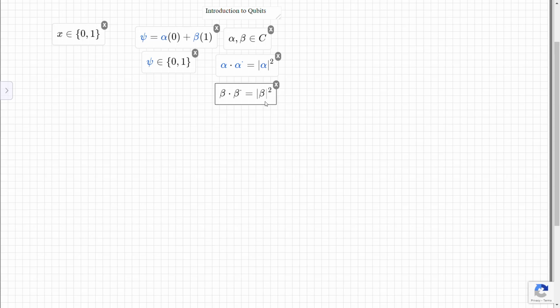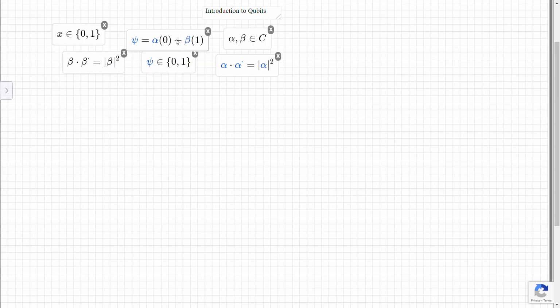You might be a little confused because these are complex numbers, but remember, when you multiply a complex number with its conjugate, the answer is always real. So that is the reason the final answer for both of these will be real numbers, and therefore the probability will also be a real number.